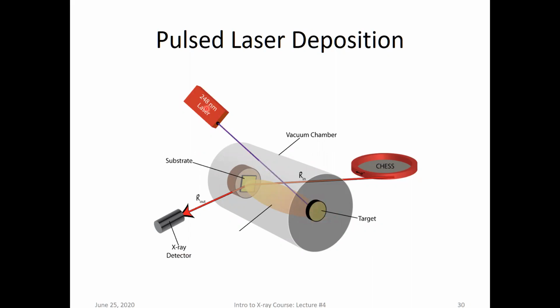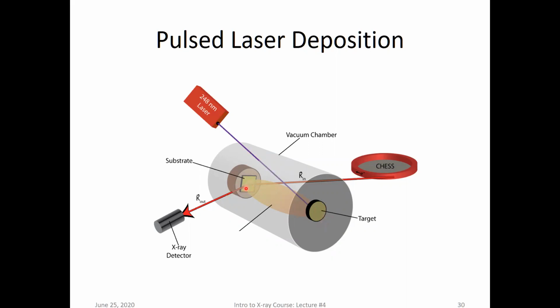And then I have an Excimer laser over here. I take a high intensity laser pulse, it comes in and attacks the target. It ejects a plume of material from the target, which then flies to the substrate and sticks here. That's how I transfer material from the target to the substrate.